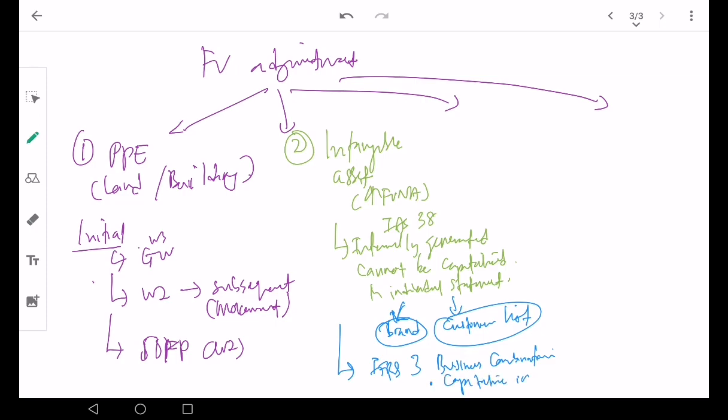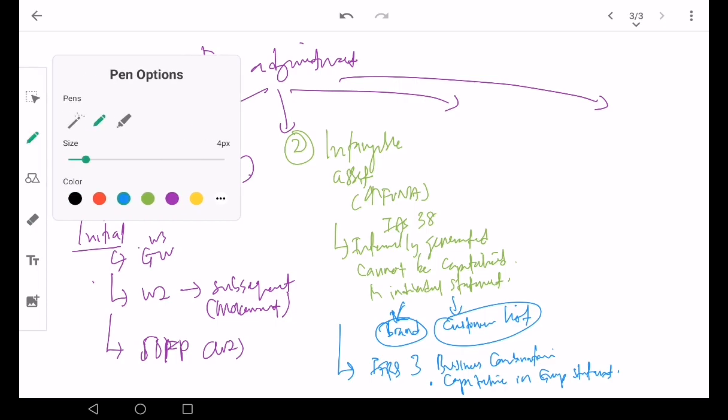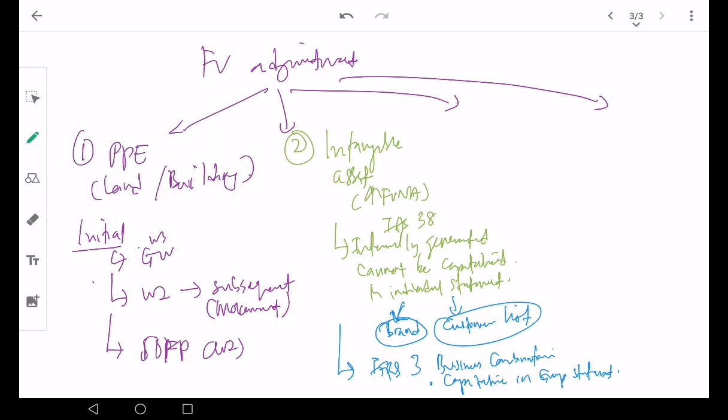Therefore, because you can capitalize them in the group statement, your fair value net asset also will increase initially. The initial fair value net asset will increase under working 3, goodwill.